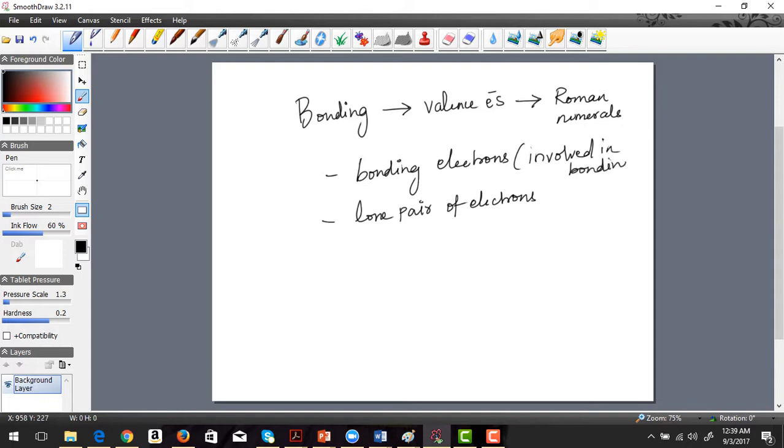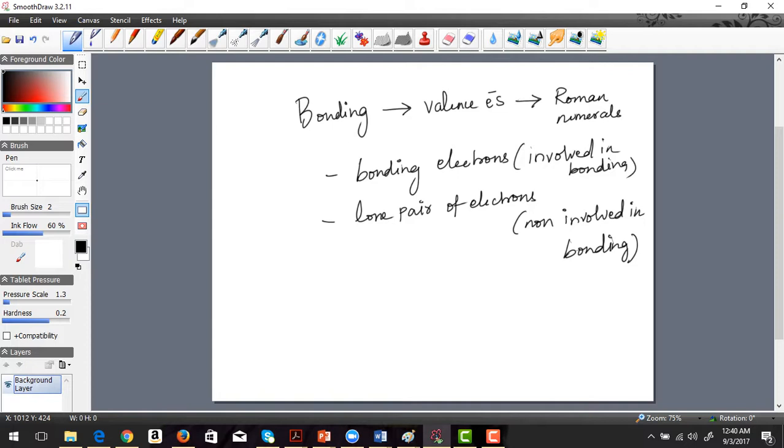All right. So, let us get that out of the way. We have 2 types of electrons: the bonding electrons that are actually involved in the bonding process, and the lone pairs of electrons that are not involved in the bonding, but actually govern whether a molecule could be polar or nonpolar.